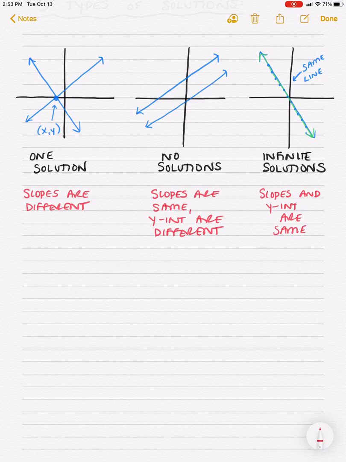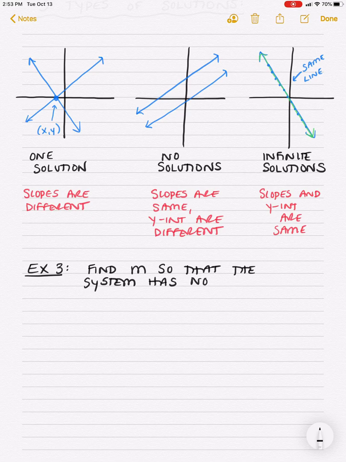And we'll see some problems in class that are going to use that information that we just wrote out in red. All right, so I'm going to finish this set of notes with one more example, and then when we come to class, we're going to learn how to solve these in our graphing calculator. All right, find m so that the system has no solutions.